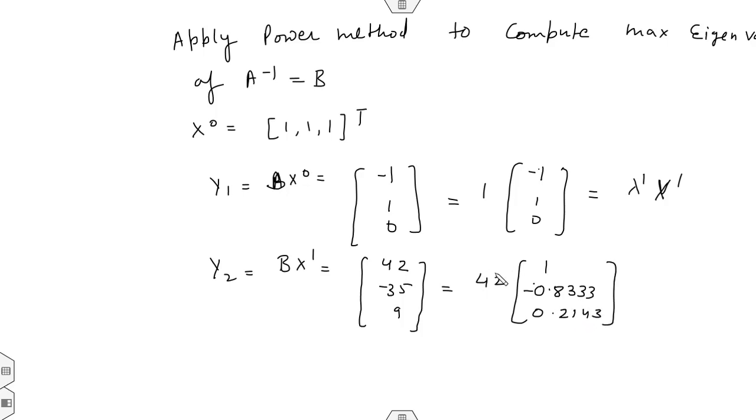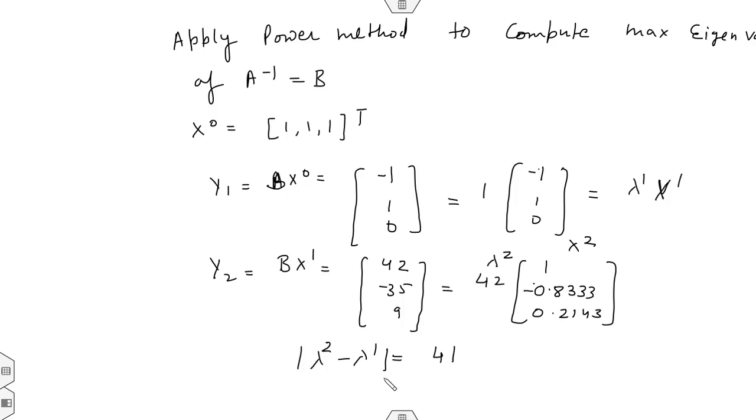The maximum element is taken outside and is represented by lambda 2, and this vector is x2, the normalized vector. So lambda 2 is the second approximation to the eigenvalue, and we will continue until we get the maximum eigenvalue.